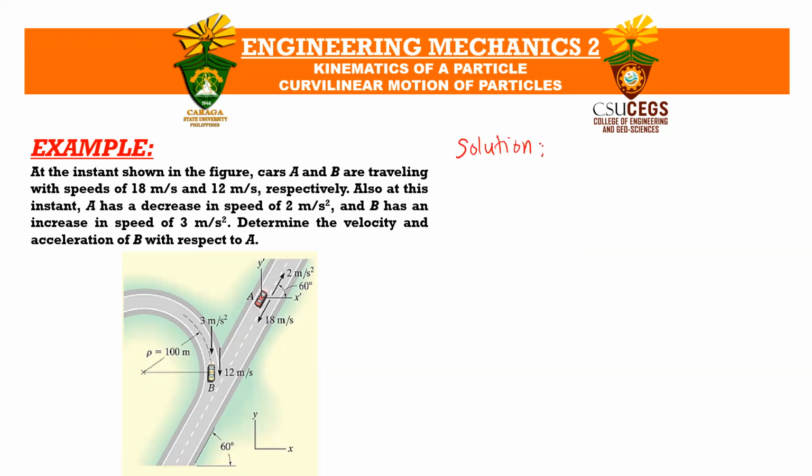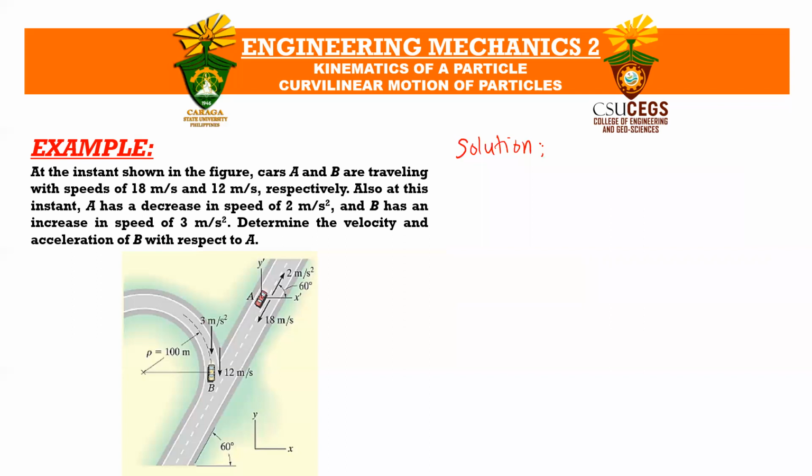before we determine the velocity and acceleration, we need to define the two reference frames like what we did on the first example. So the first reference frame is your fixed reference frame, which is your origin. And the second reference frame is your translating reference frame.